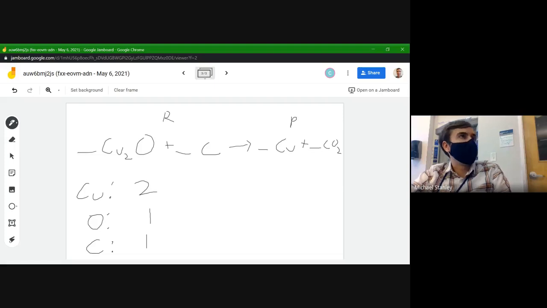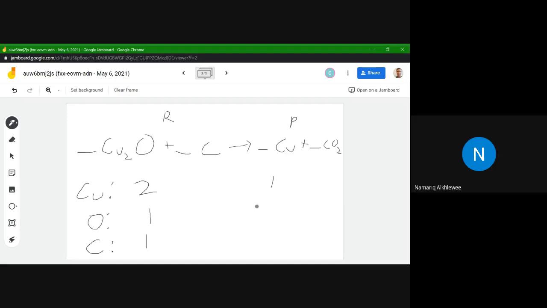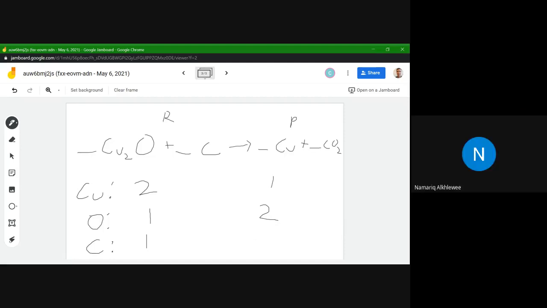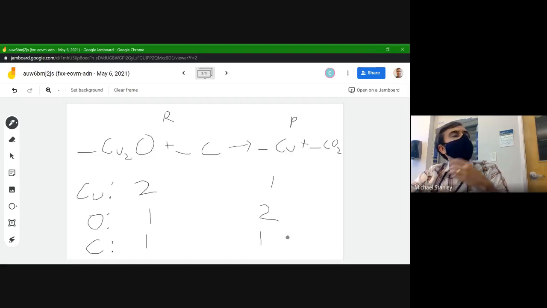How many coppers do we have? 1. How many oxygens do we have? 2, exactly. And how many carbons? 1. Exactly. So 2 Cus, 1 O, 1 C on the reactants, 1 Cu, 1 C, and 2 O's on the products.